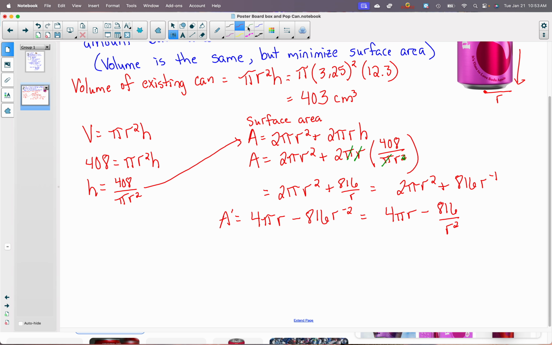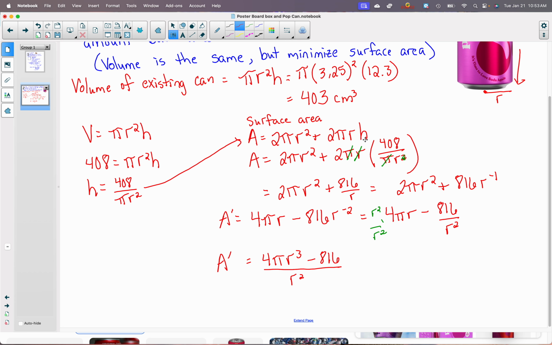Need to find a common denominator, so I'm going to multiply top and bottom by r squared. So now I've got 4 pi r cubed minus 816 all over r squared. So this is A prime.